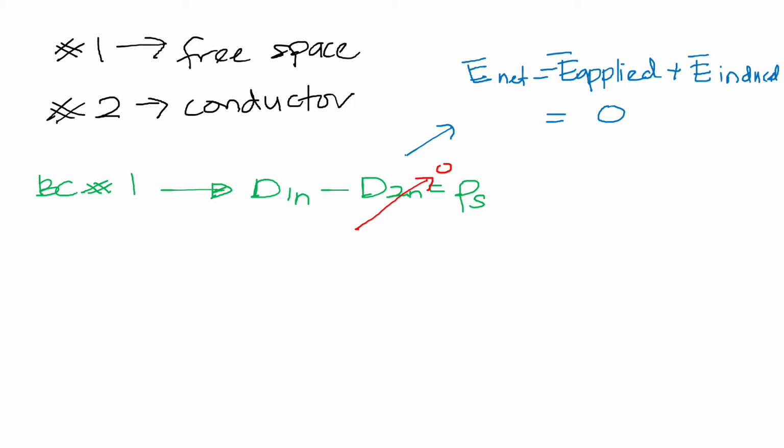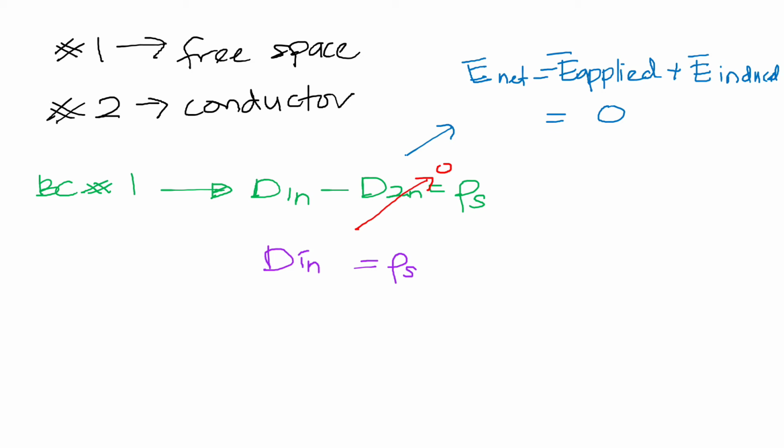That will be our final equation for boundary condition number 1 for the conductor free space case.